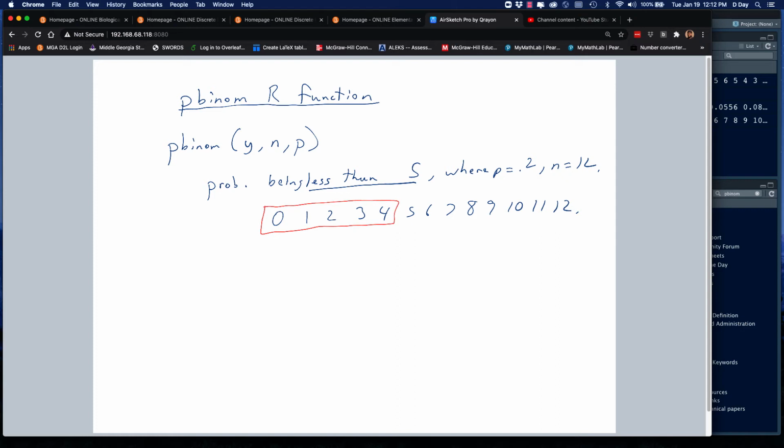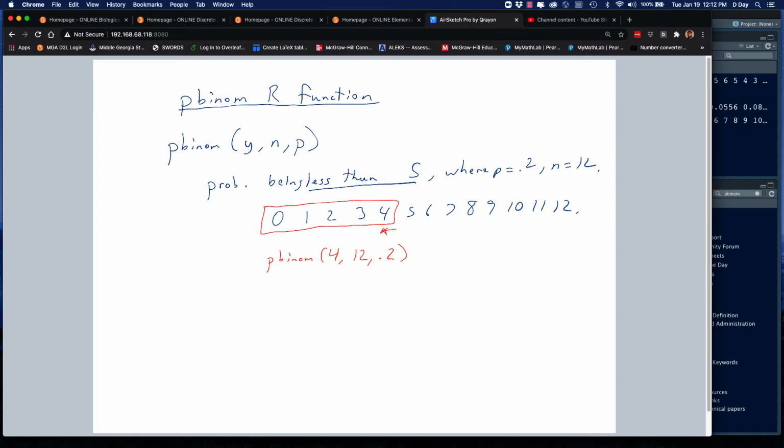Okay. Now remember, y takes on the value that you want it to stop at. So if we want less than 5, we have to plug in a 4 for this. So in R, we would plug in pbinom of 4, comma, in this case n is 12, and then 0.2 for the probability of success, and it would spit out that answer for us.